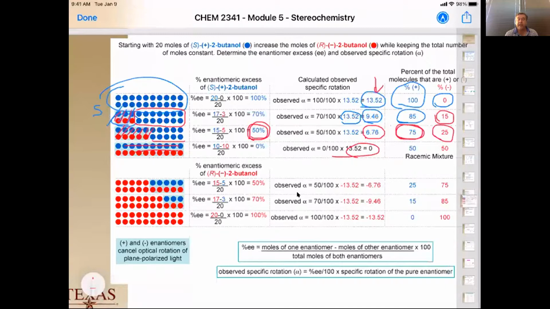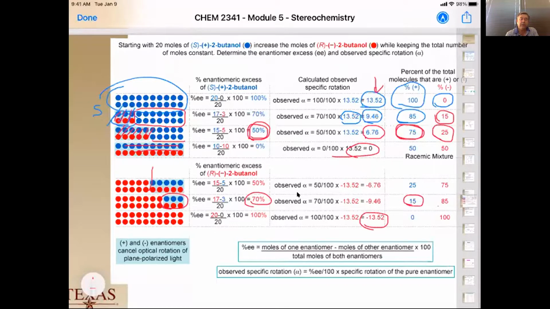We're actually starting with a negative number here, and by adding a little bit of that material, getting up to that 70% of the optical activity, we actually have 5 mole percent of the one that rotates it into the counterclockwise position, or the R isomer. And we only have 15% that's going to shift it that way.